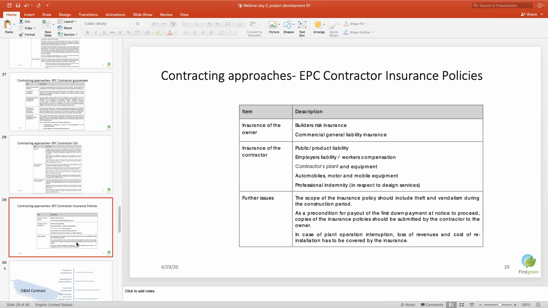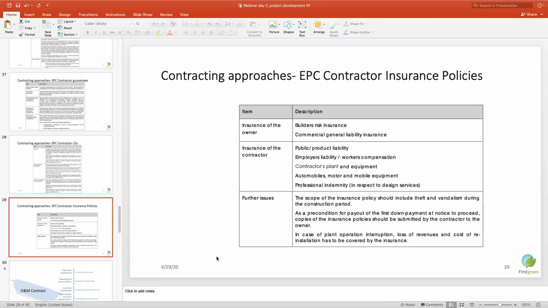Then the workmen's compensation policy should also be taken, so that if any damage happens to your workers, that can be covered. And for further issues related to the guarantee, a loss of revenue insurance can also be taken from the insurance companies.